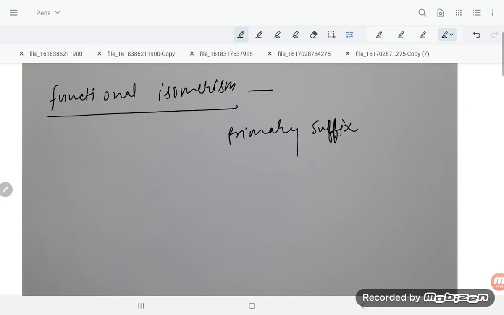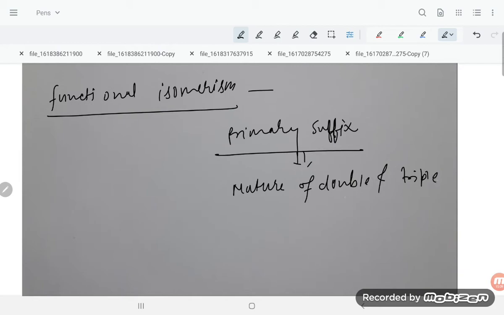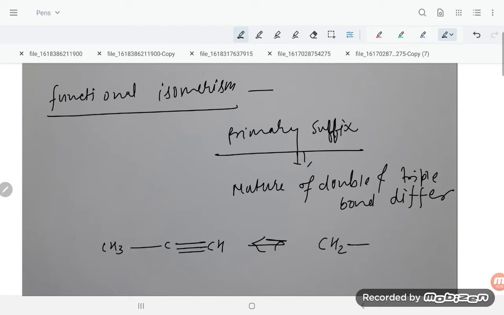In the primary suffix, the nature of double and triple bond changes, triple bond differs. Student, nature of double and triple bond differs means, if I am having CH3, C triple bond CH, what it can do is, here CH2 double bond C double bond CH2.